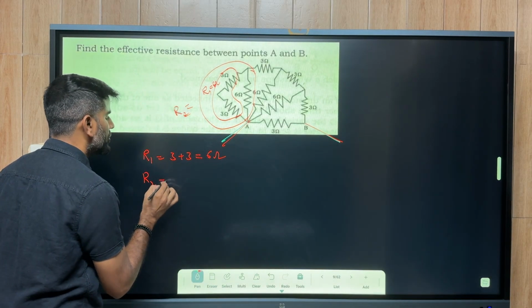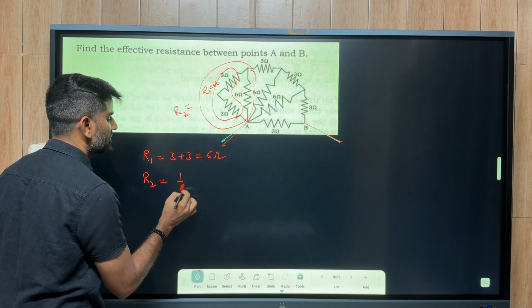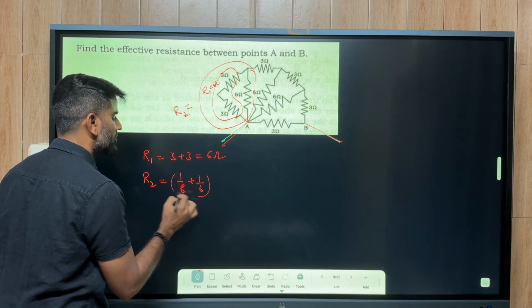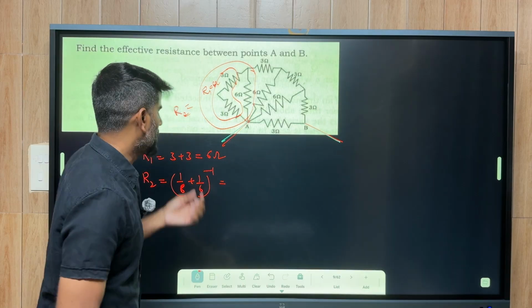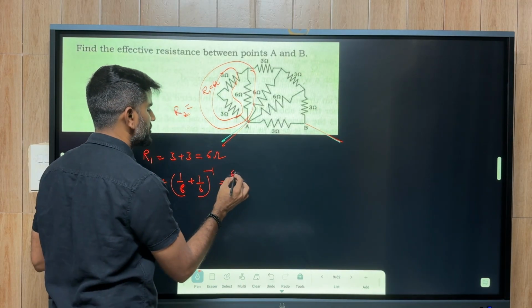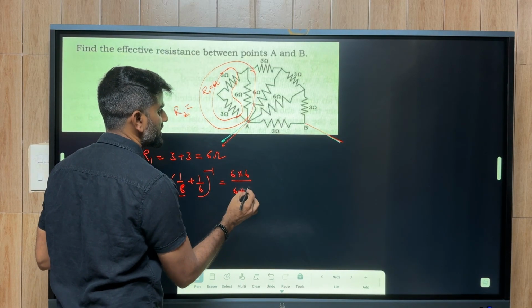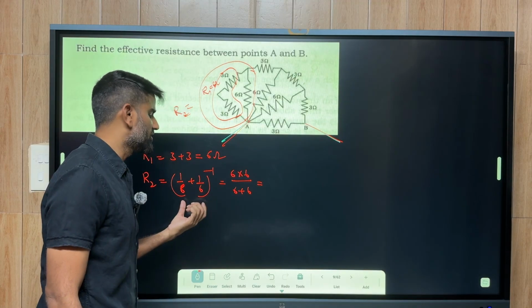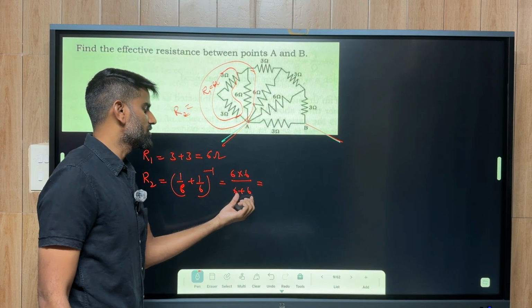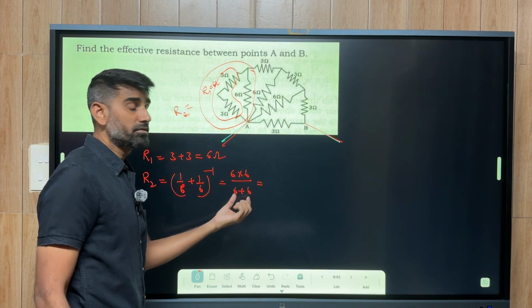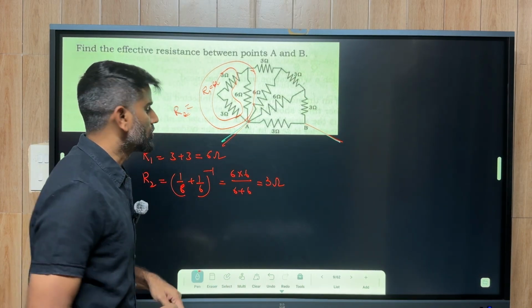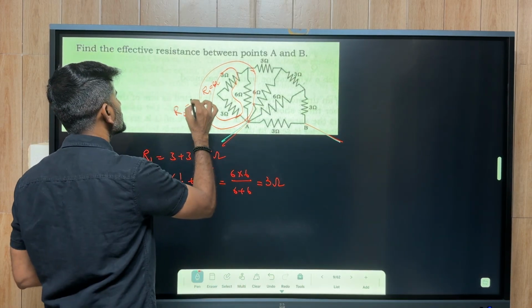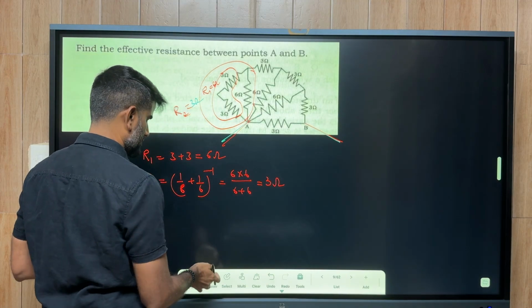So R2 is equal to 1 by 6 plus 1 by 6 whole inverse, or else you can even take R1 R2 by R1 plus R2. 6 into 6 by 6 plus 6, 36 by 12, which is 3 ohms.